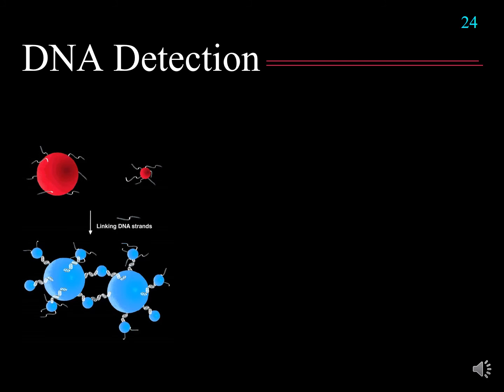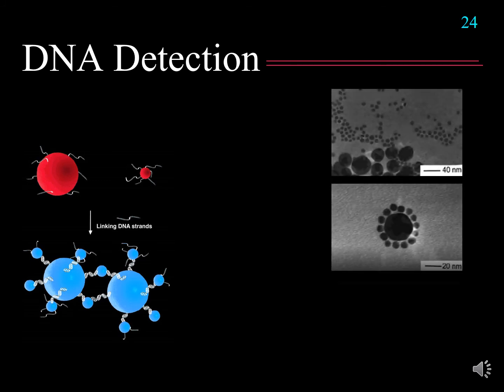Another approach is that we start from two sides of the gold nanoparticles again, which can bind with the linker DNA strand. This is from the virus or from the DNA of the bacteria. If we mix these various sides of gold together, binding with this linking DNA strand, then we have the aggregation.